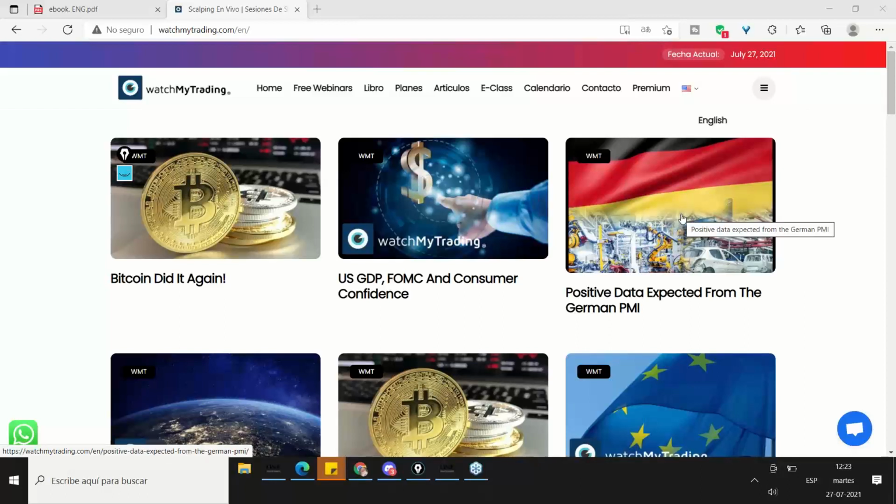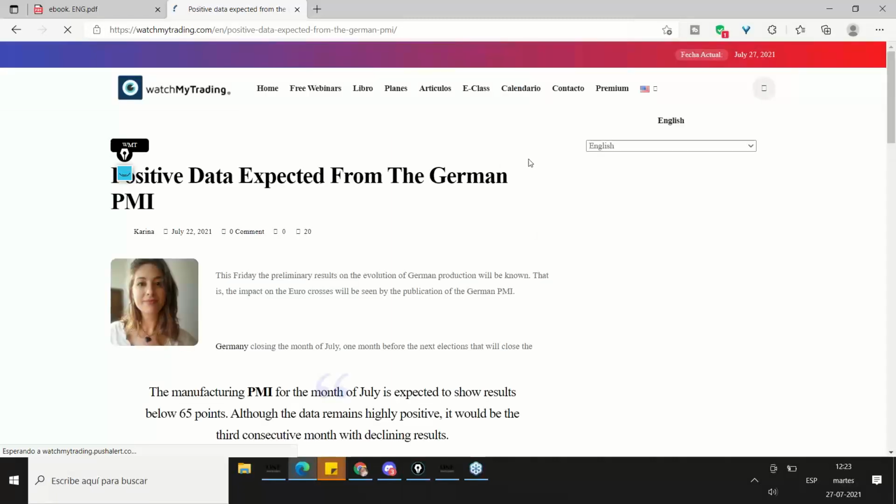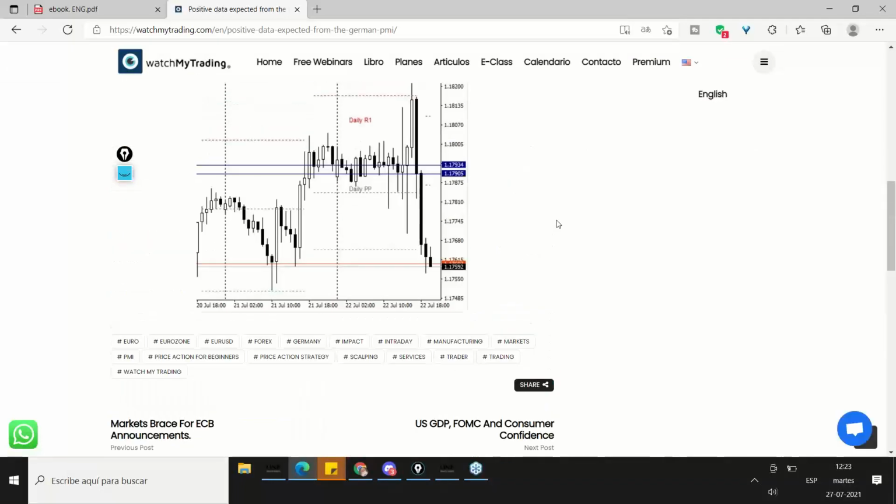Not Amazon though. That was a rumor that made Bitcoin prices go up, but it's not accepted as a payment by Amazon.com. Anyway, check all this information, and you're also going to find the charts of the cross pair that is the opportunity based on that specific day.